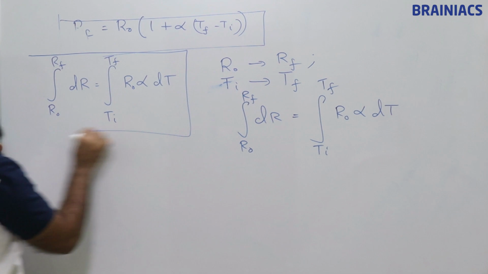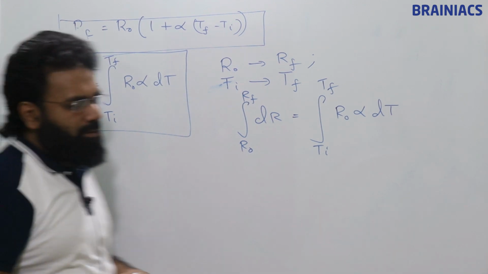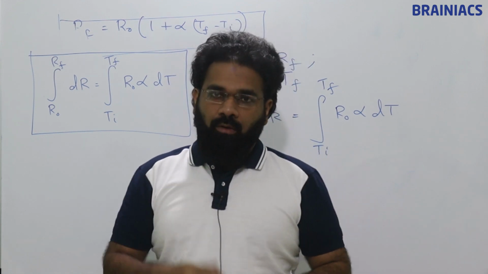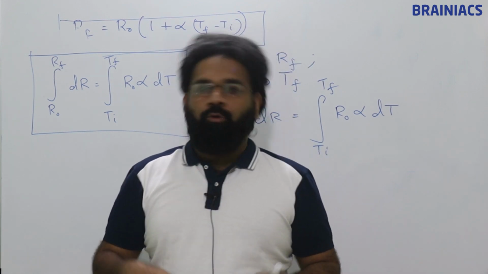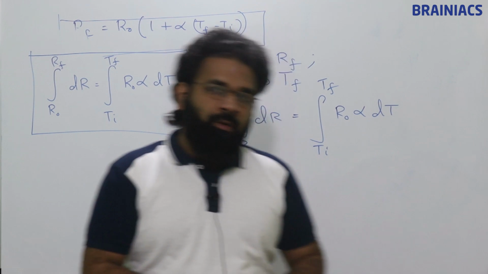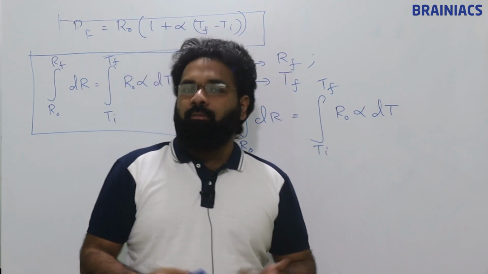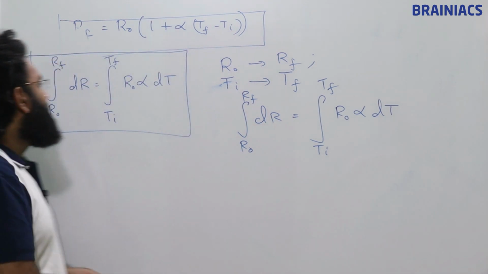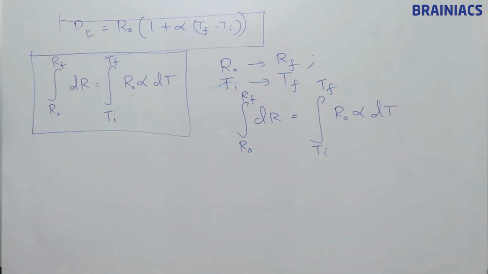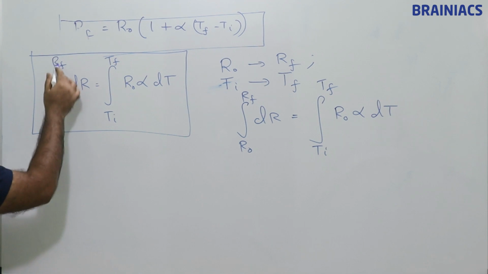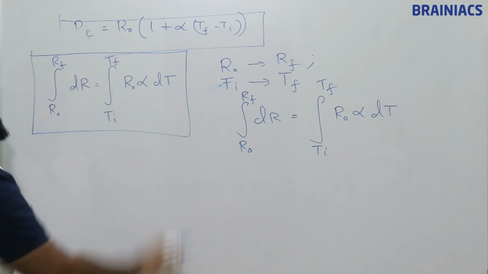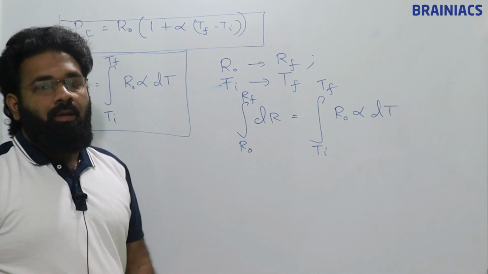Remember this also. It's easy to remember. First, change in resistance is directly proportional to R0. Change in resistance is directly proportional to change in temperature. So if we put in the proportionality constant and integrate both sides, we get this.